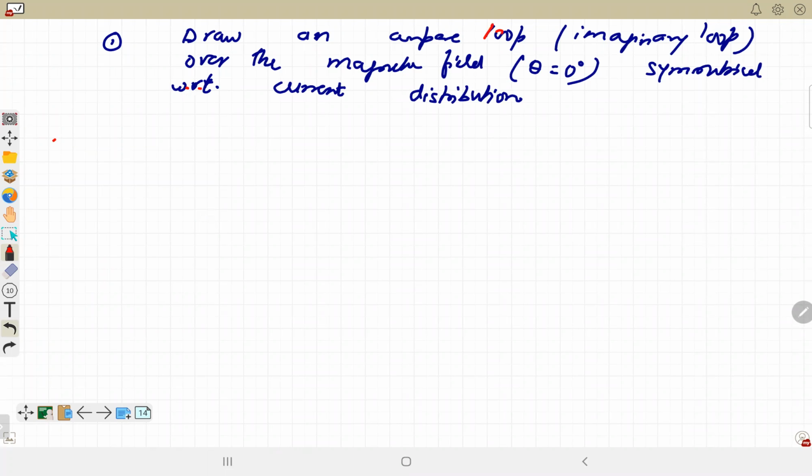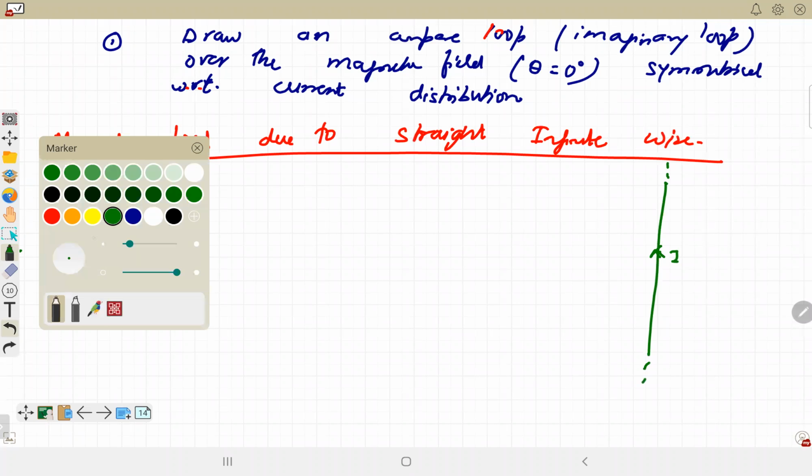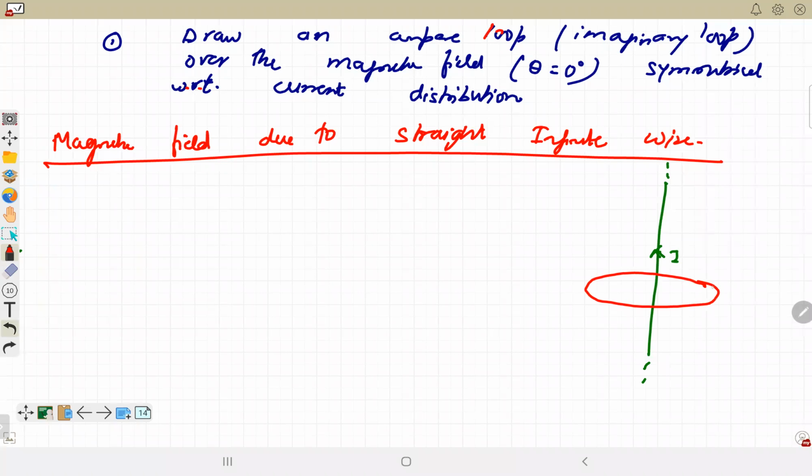Second, we apply B dot dl and integrate. So first case is magnetic field due to infinitely long straight wire. Only for infinite wire that magnetic field is symmetrical, and we know its symmetry. It is in the form of concentric circles. ऊपर जितना वायर है नीचे भी उतना वायर है, so from every point the effect from above and below is same, and it will be in the form of circles. So now this solid line is the magnetic field.